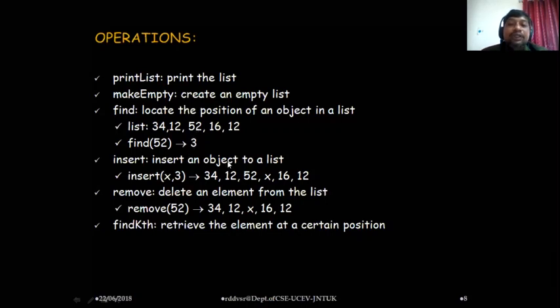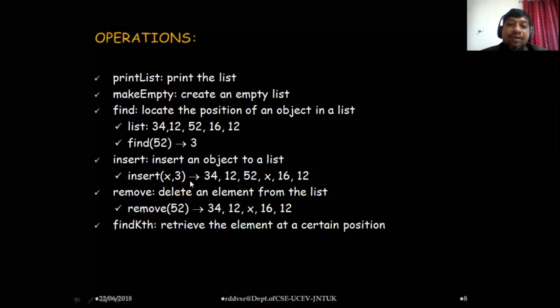Similarly, you can insert an object into a list. Suppose I want to insert my element at a specific location, say after 52, or after the third location. That can be done through insert x comma 3, where x is the element to be inserted and 3 is the position where you want to insert.